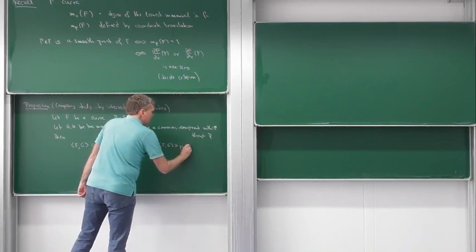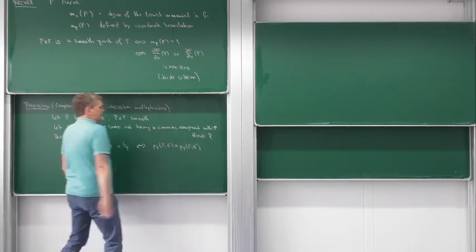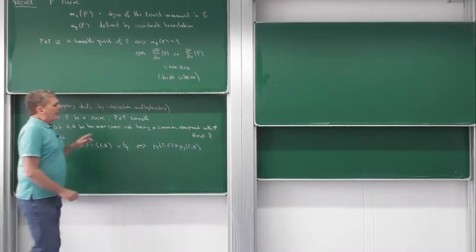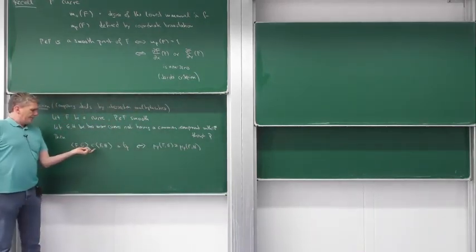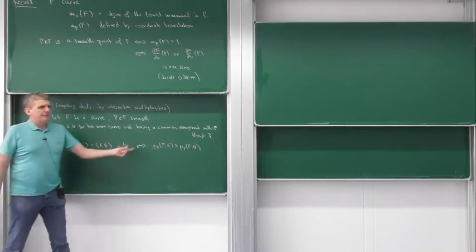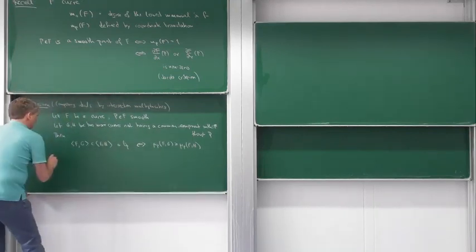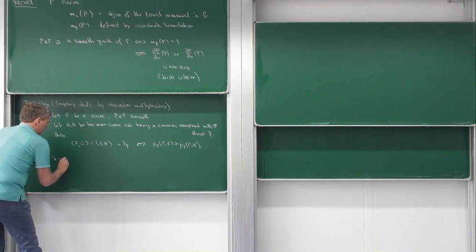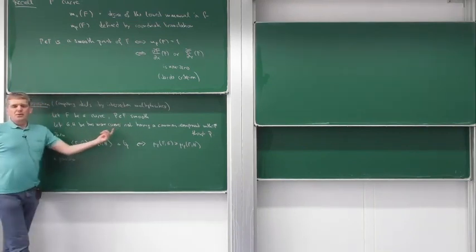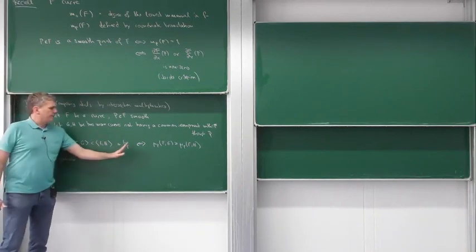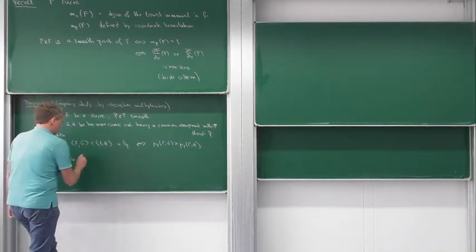mu p of fh. And in particular, of course, you can apply this both ways, and that says that you have an equality of ideals if and only if the multiplicities are the same. In particular, these numbers are finite if there's no common component, so there's no problem of comparing infinity or something.